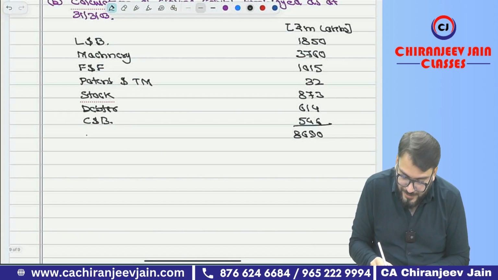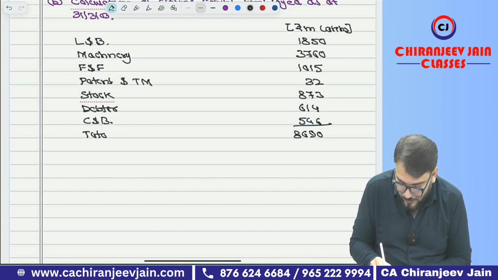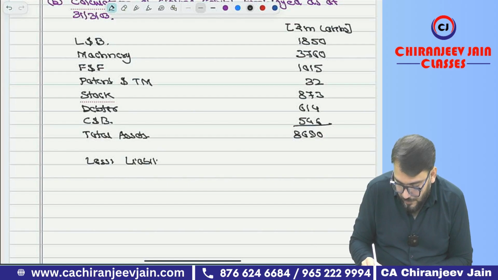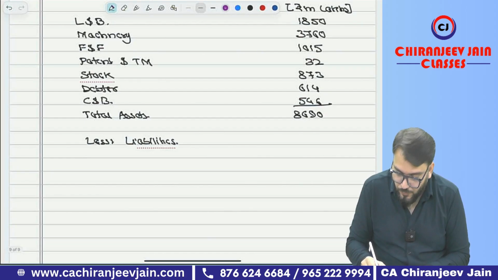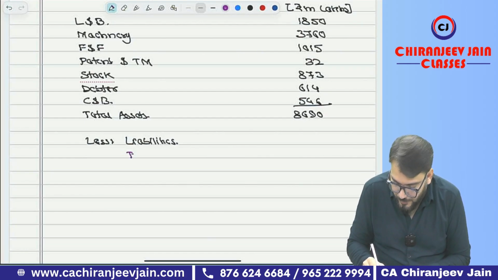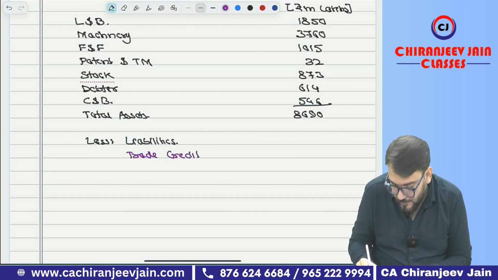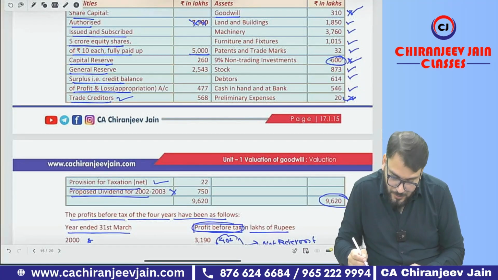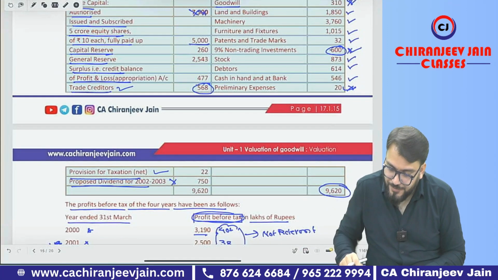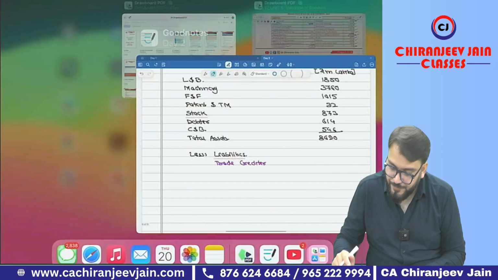This becomes total asset. From this, less liabilities, we have two liabilities. One is trade creditor. How much is given? You can see creditor we have 568.